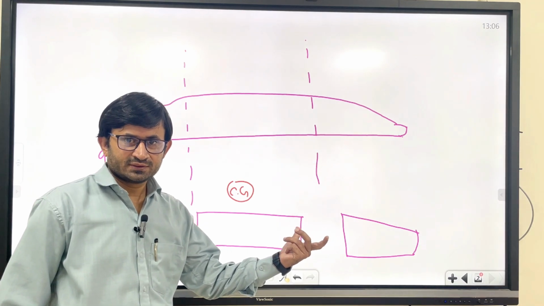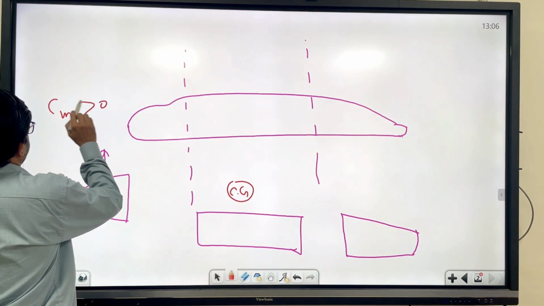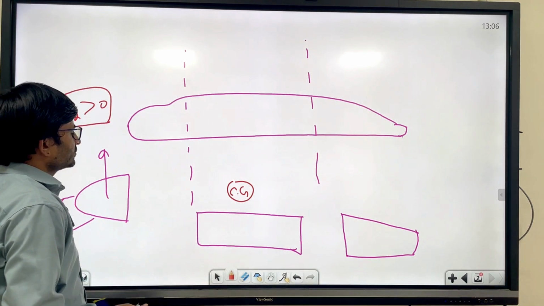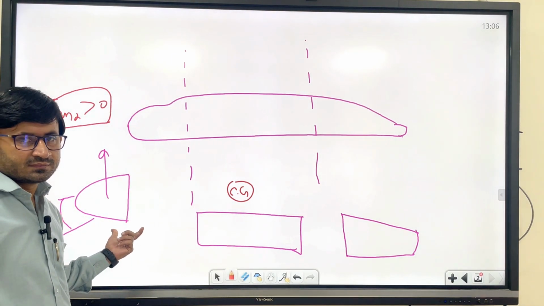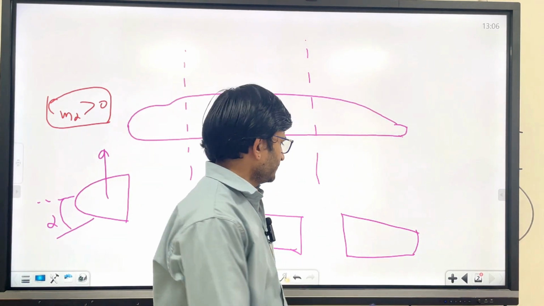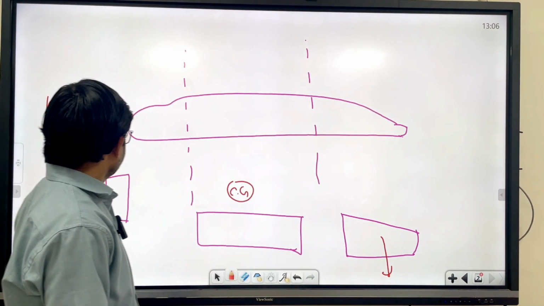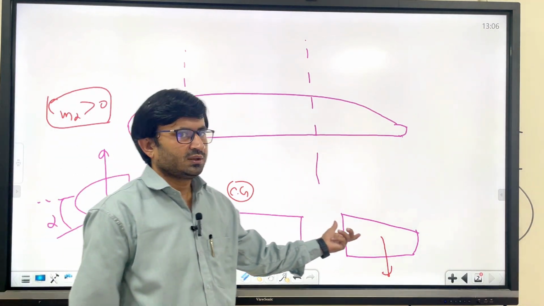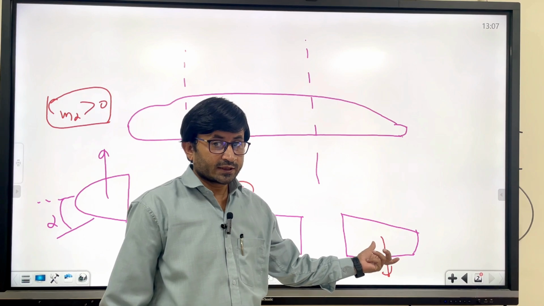A positive moment, right? So that means C_M alpha is greater than 0. So clearly you can comment that this shape is destabilizing. And what about this shape? It will provide negative lift, so again a negative moment, so the contribution is also C_M alpha greater than 0.